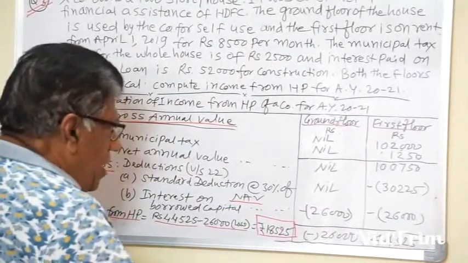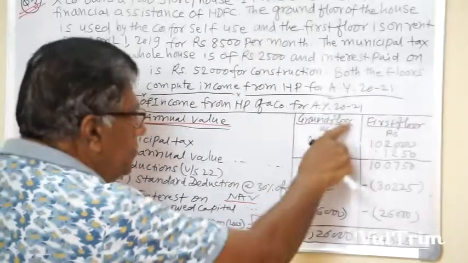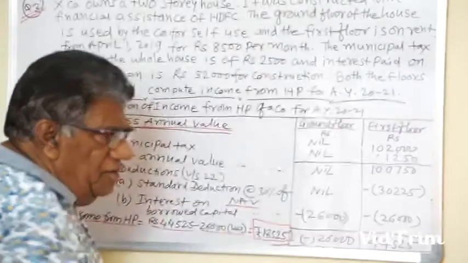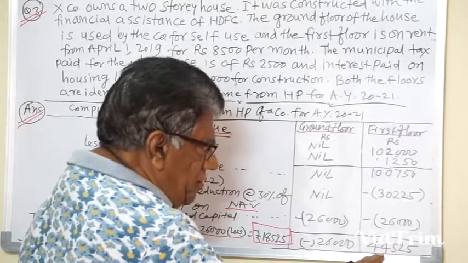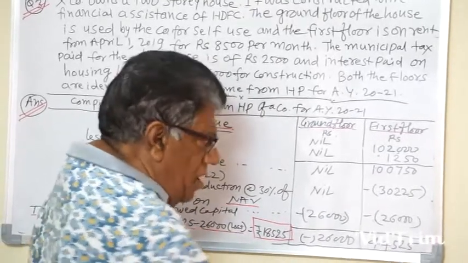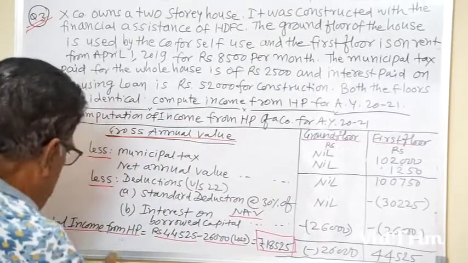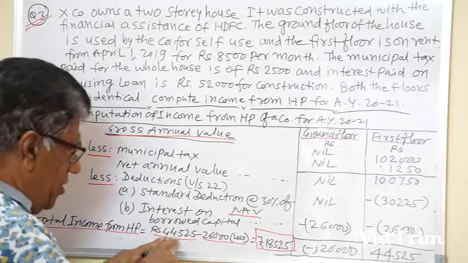Now, as a matter of fact, in case of the self-occupied property you will get a 26,000 loss from the property. From the let-out property, you will get the profit, meaning income, of 44,525.